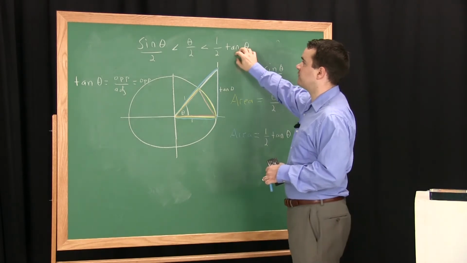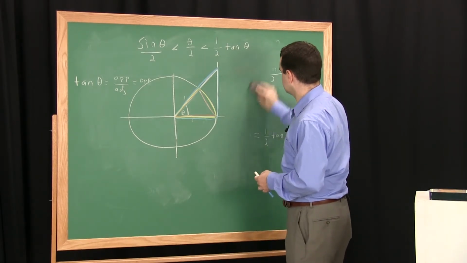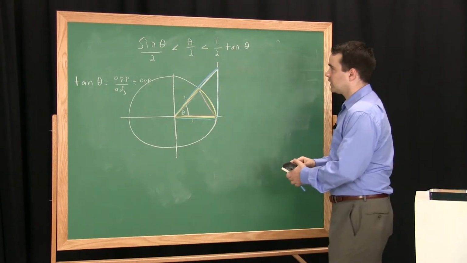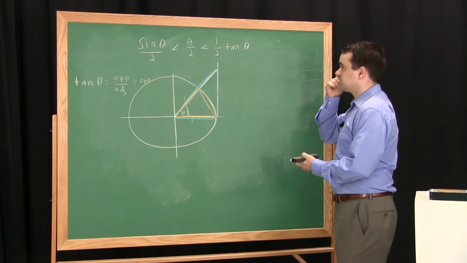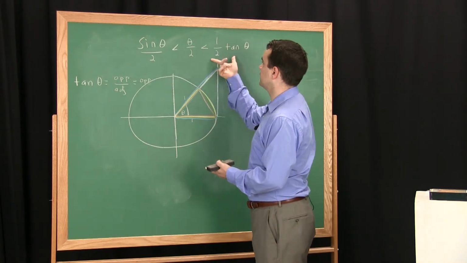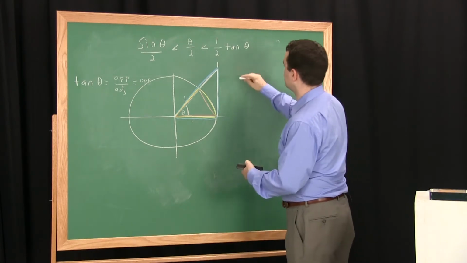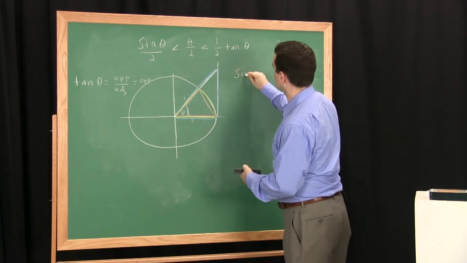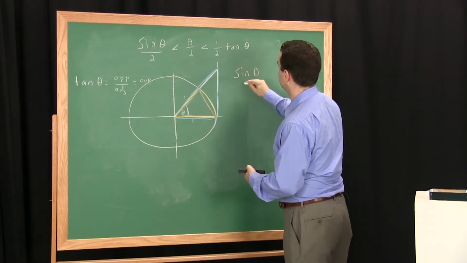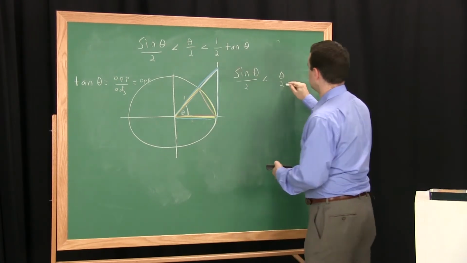So how do we go from here to where we want to go? Well, let's focus on, this is really two different inequalities. Let's focus on this one first. So starting with sine theta over 2 is less than theta over 2.